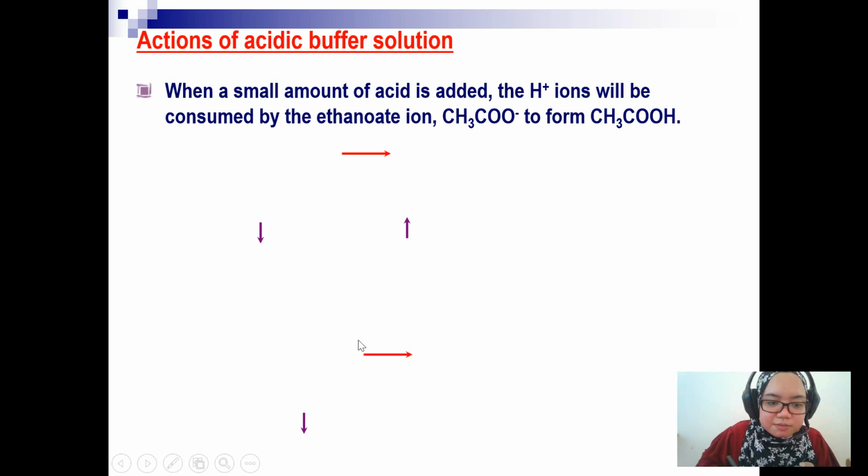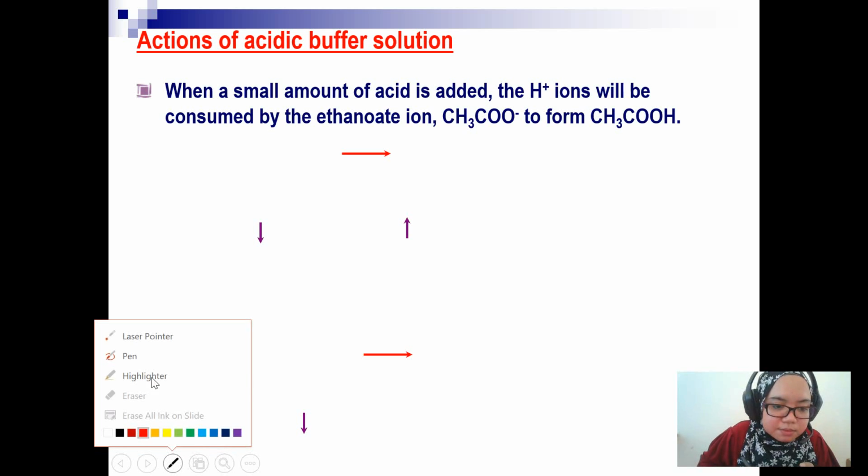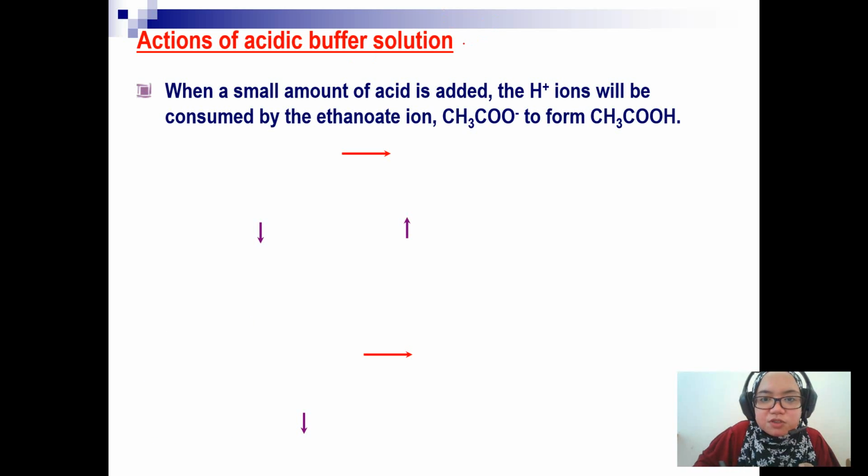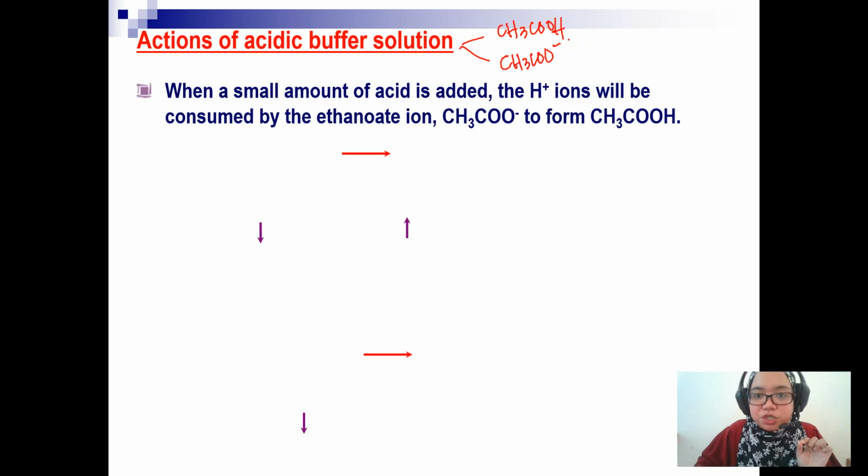Why? I said earlier that the acidic buffer solution consists of a high concentration of acetic acid due to the partial dissociation of the weak acid, and ethanoate ion due to the complete dissociation of sodium ethanoate. So if acid is added to the buffer solution, of course it will react with the ethanoate ion, because it has a negative charge and the hydrogen ion has a positive charge, right?